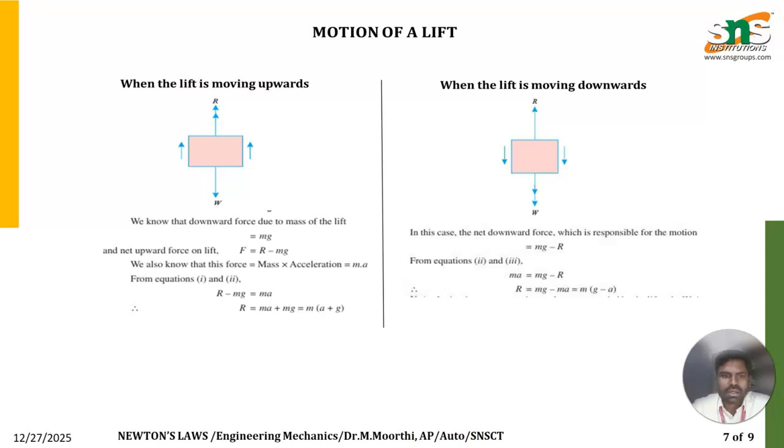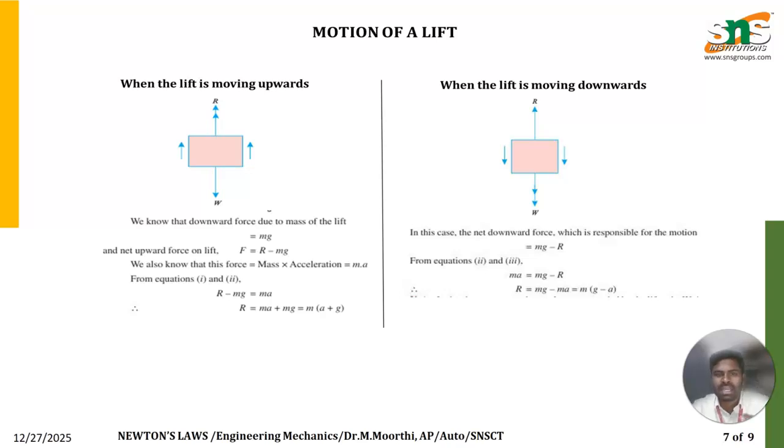Here mg, that is mass times gravitational acceleration, acts against the motion, so we take it as negative. The net force F is equal to R, the reaction force, minus mg.